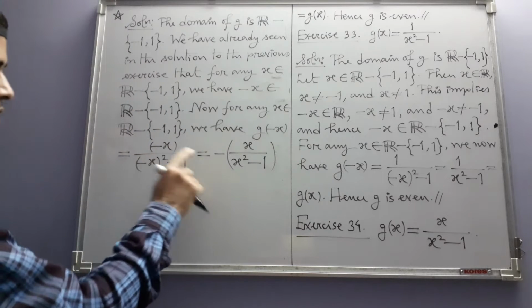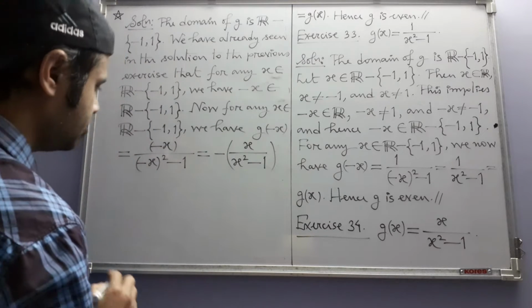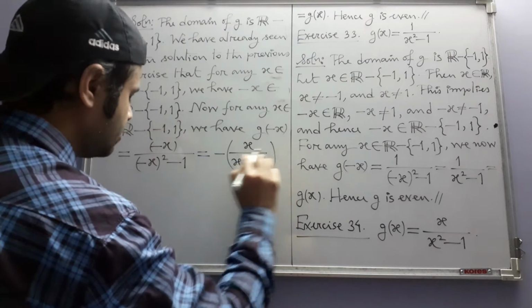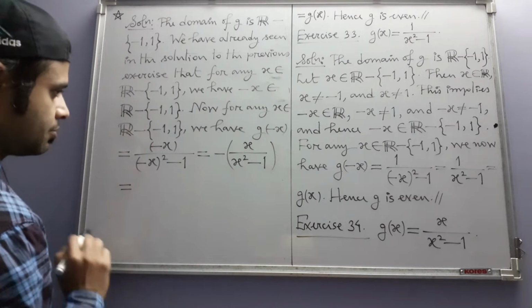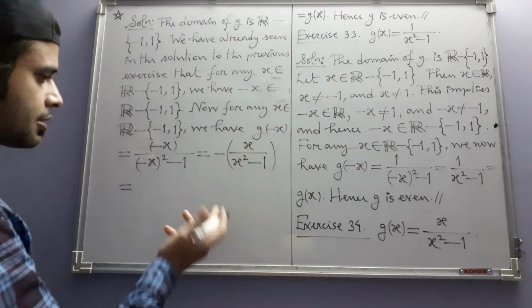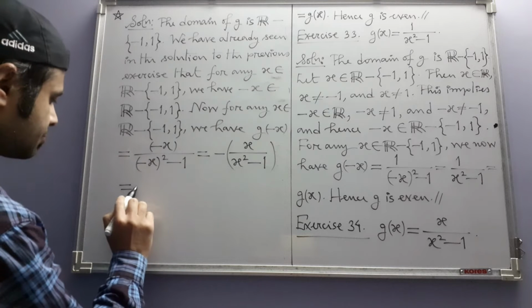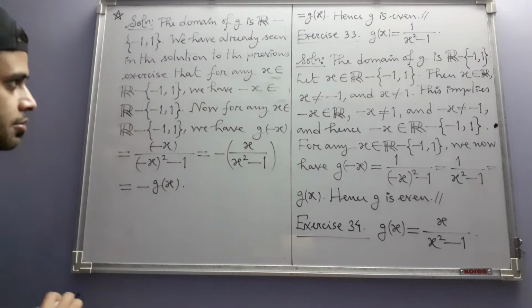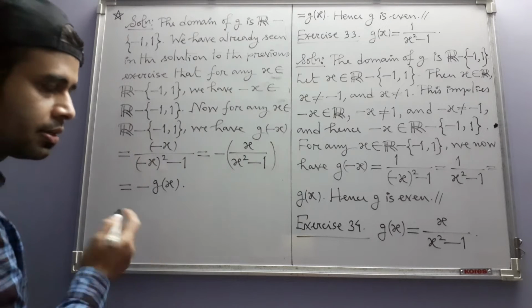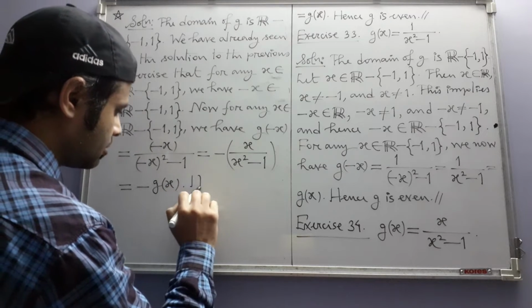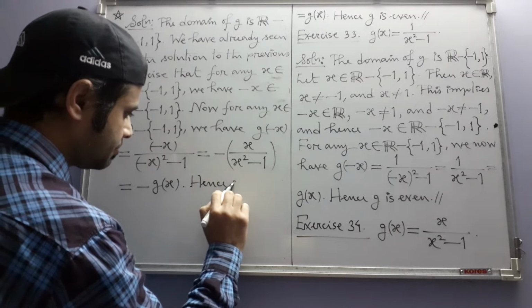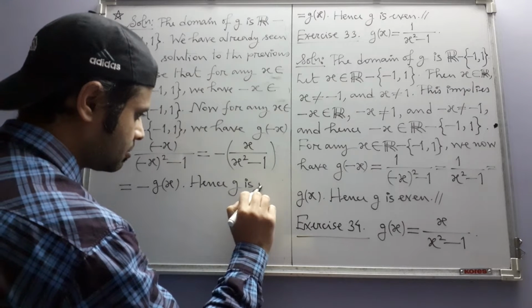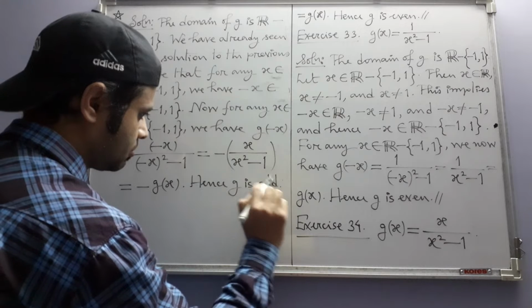We have taken this minus outside, which we can do, and this is equal to, now this expression is nothing but g of x, so minus g of x. So g of minus x is minus g of x, hence g is odd.